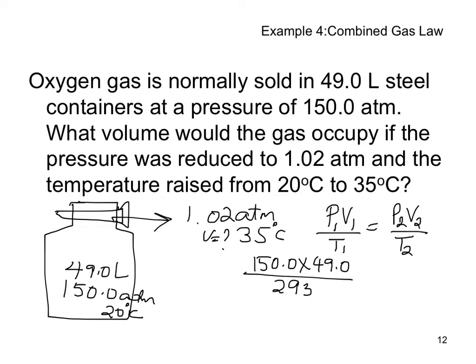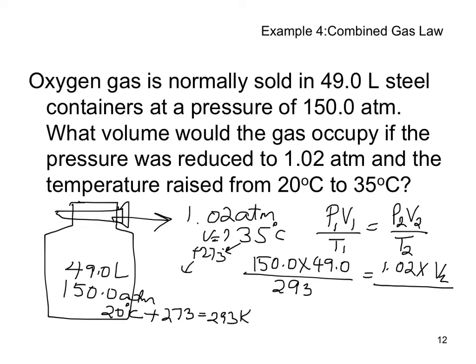How did I get 293? Because 20 plus 273 is 293 Kelvin. And likewise, I get the right-hand side of the equation to 1.02 atmosphere times V2 divided by T2. Now that is 35, so 35 plus 273 is going to be 308 Kelvin.